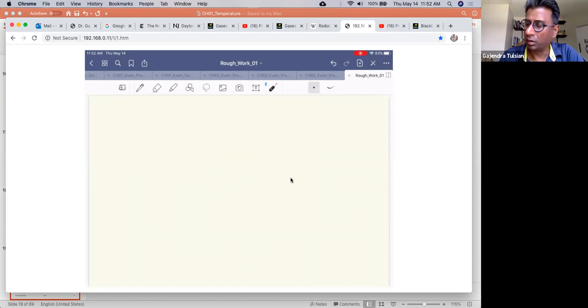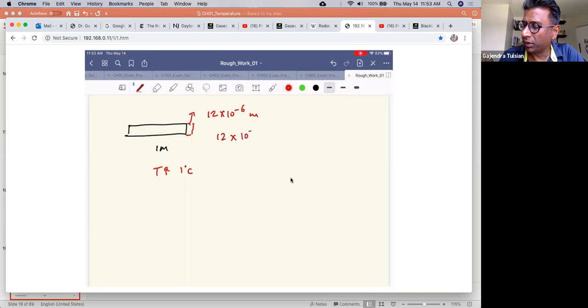If you had an iron rod that was 1 meter long, and you raise its temperature by 1 degree Celsius, it expands by 12 times 10 to the minus 6 meters, or 12 times 10 to the minus 3 millimeters, 0.012 millimeters.